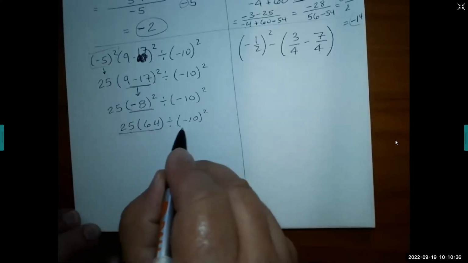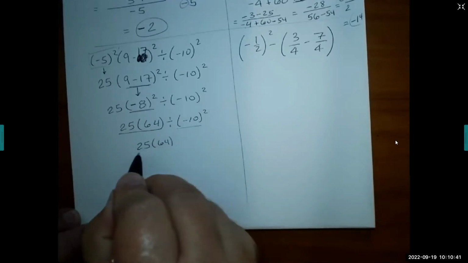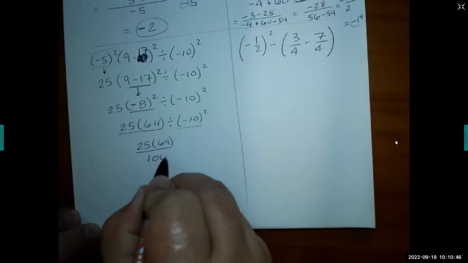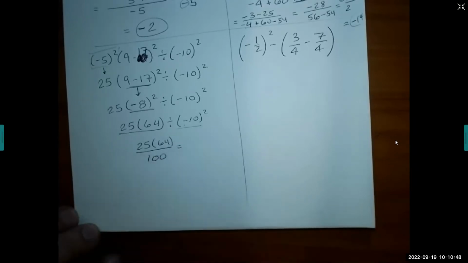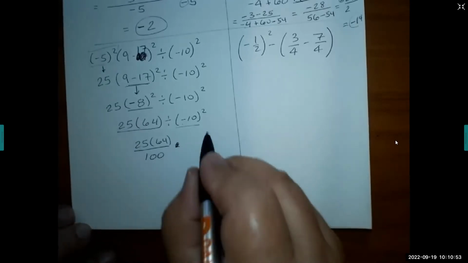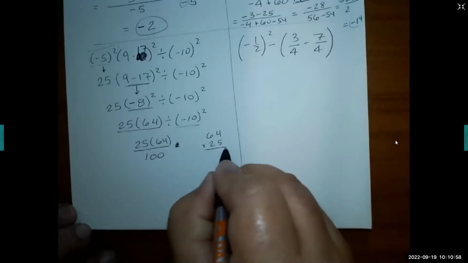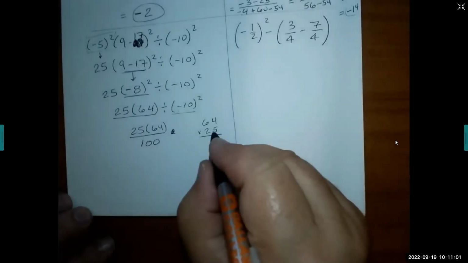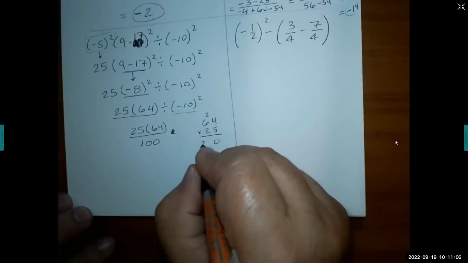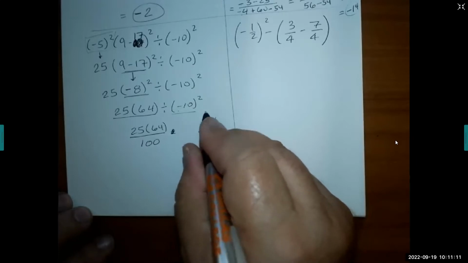So since we have fractions, we have 25 times 64 divided by negative 10 squared. Negative 10 squared is a positive 100. 64 times 25. 5 times 4 is 20. 5 times 6 is 30. 2 times 4 is 8. 2 times 6 is 12.